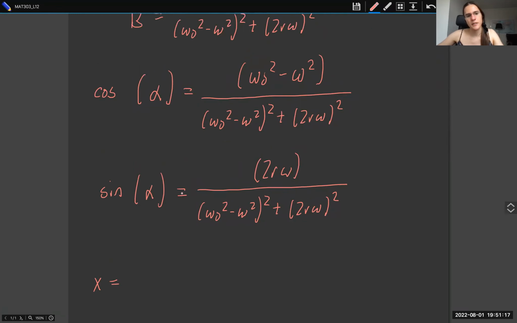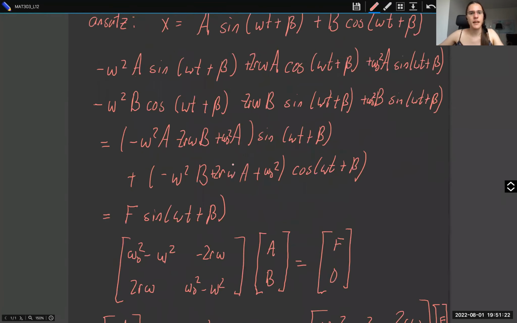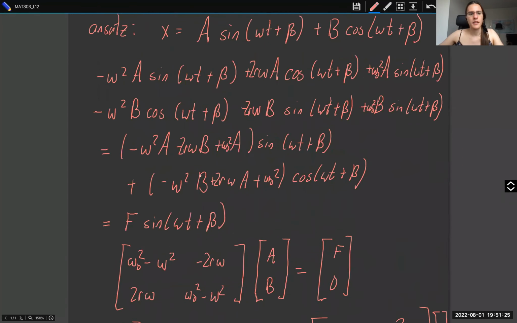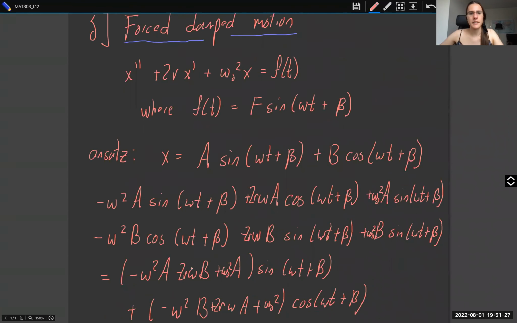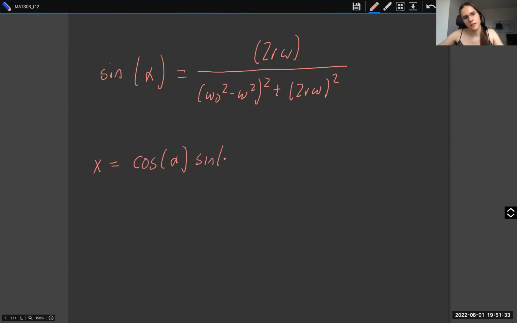So I get cosine alpha times sine omega t plus beta, F times minus sine alpha cosine omega t plus beta.